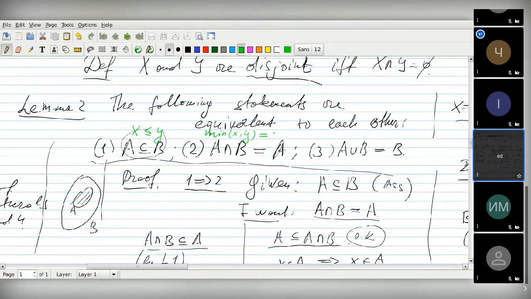X, of course. And the maximum? Y. Aha! So we see that somehow this intersection corresponds to minimum and union corresponds to maximum.